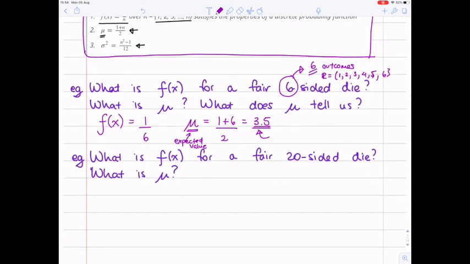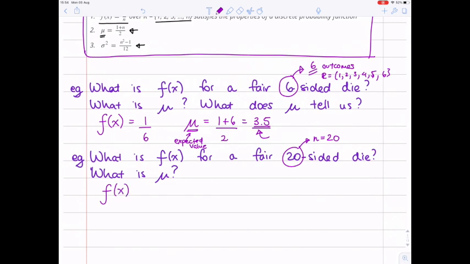Now that might have been fairly straightforward to calculate by hand, but you can imagine that if you wanted to find out the probability function and mean for a 20-sided dice, that would be a bit of a pain. But with this formula, we know that here we've got 20 outcomes, and we can plug this straight in.